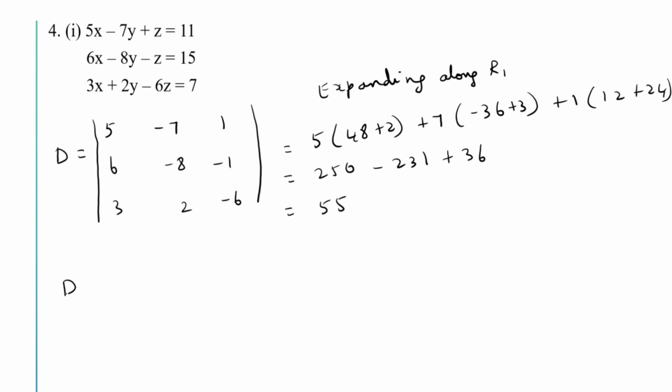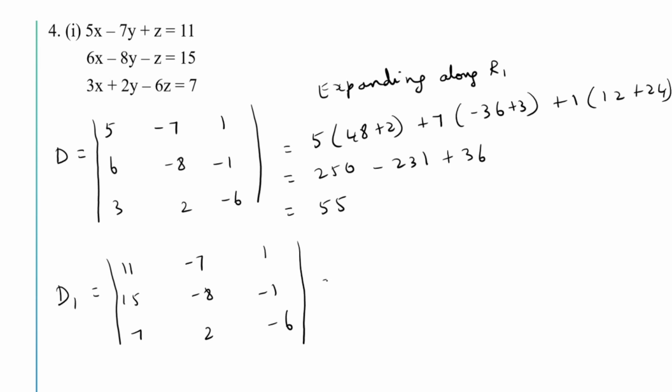Now we will find d1. d1 in place of coefficient of x terms, we have to substitute the constant terms. d1 is equal to 11, 15, 7, minus 7, minus 8, 2, 1, minus 1, minus 6.